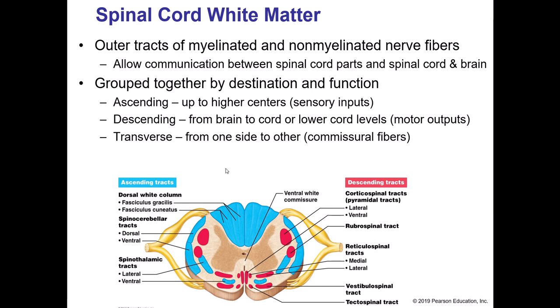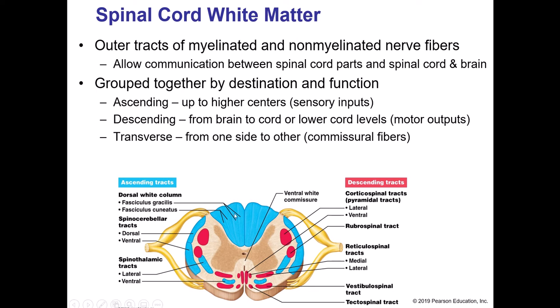In terms of the white matter of the spinal cord, it is pretty much all the rest of the area of the spinal cord outside of the H or the butterfly. The spinal cord is a mirror image. So the right side of the body and the left side of the body both have information going to and from the brain.